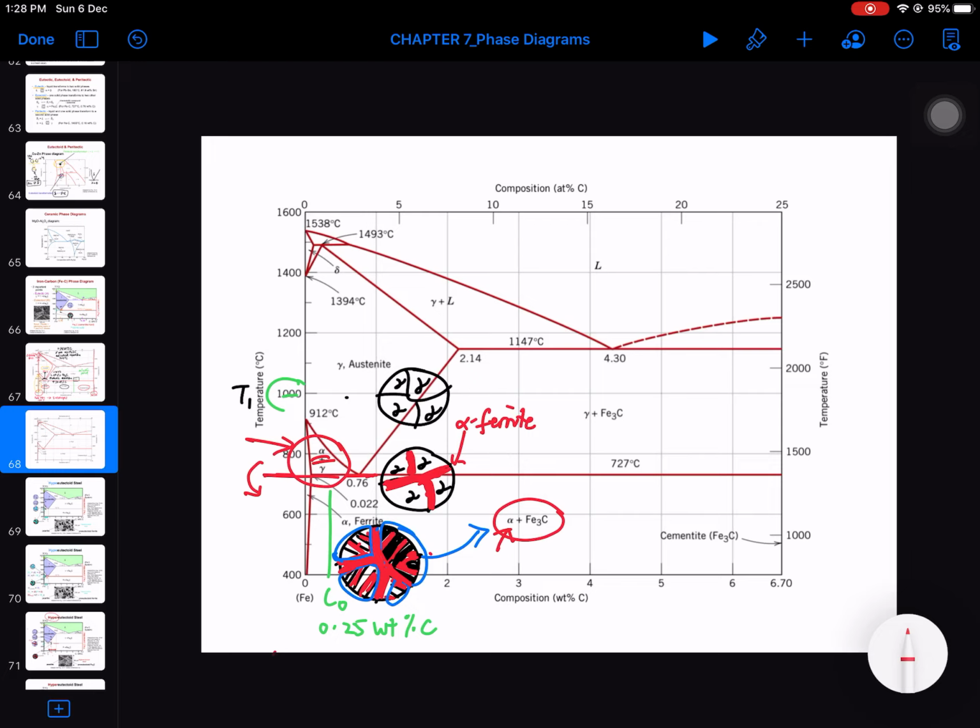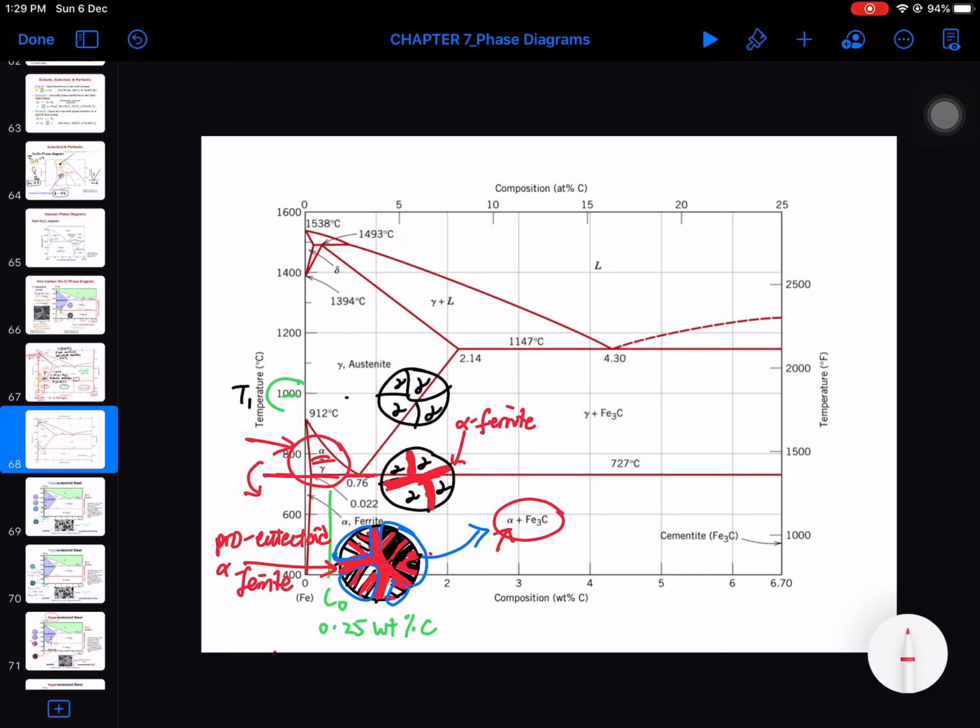So we have two alpha ferrite. In order to avoid confusion between the two, the one that occurs before you cross the eutectoid temperature is called the pro-eutectoid alpha ferrite. That means it's the alpha ferrite that exists before you cross the eutectoid temperature.